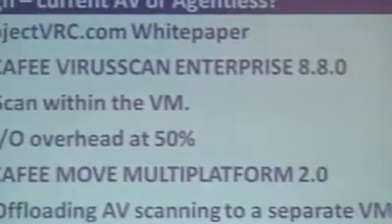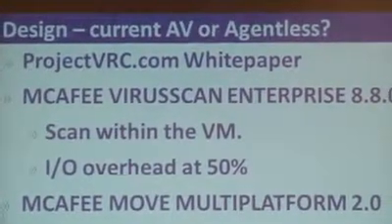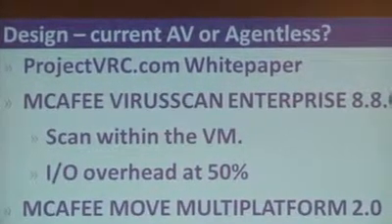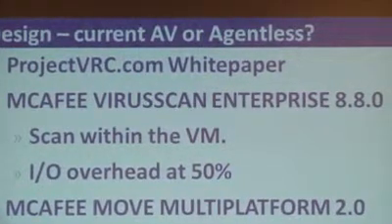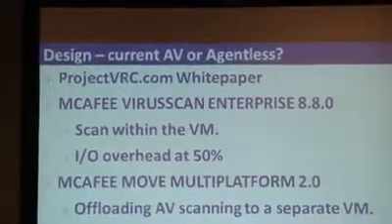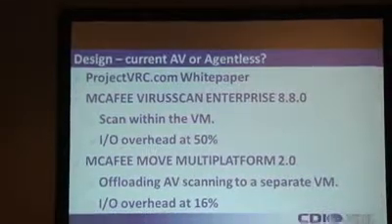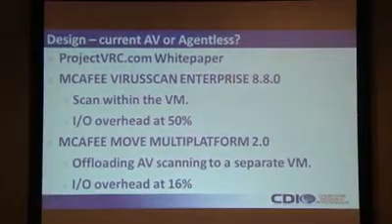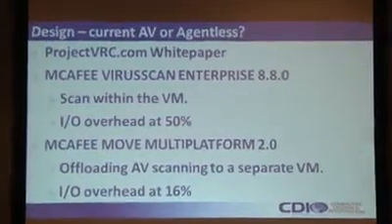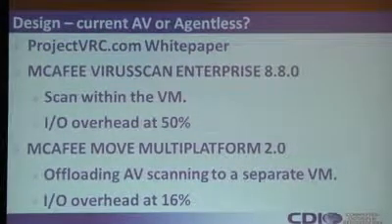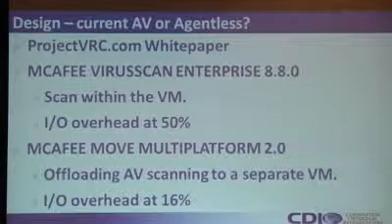The biggest thing in deciding between current antivirus or agentless antivirus, again, is I/O. And the best white paper out there, and I think the only white paper out there, is from Project VRC that Brian has advertised, and I read that white paper.